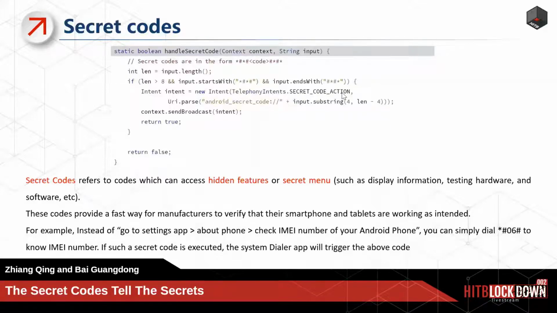Later I will show you what the action is, plus a data field which includes the actual secret code. Okay, so this will be broadcast so that any application which listens to this type of intent will get this constructed intent here.